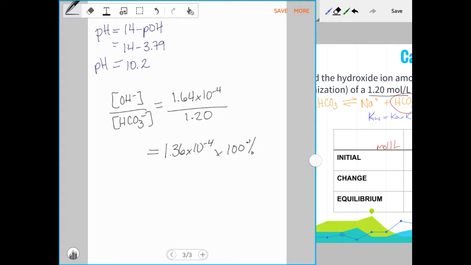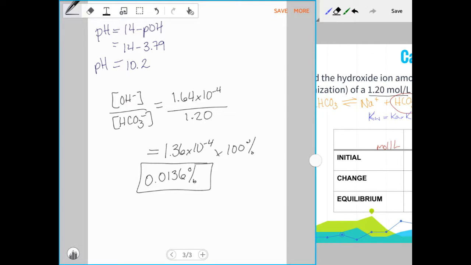And when I do so, I get 0.0136%. So this is my percent ionization, or my percent reaction of this equation. So really 0.0136% is a very, very small amount of our hydrogen carbonate ion turning into our hydroxide ion.